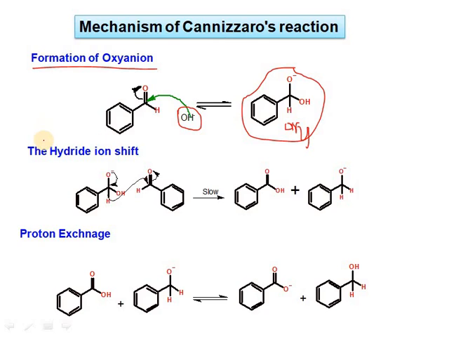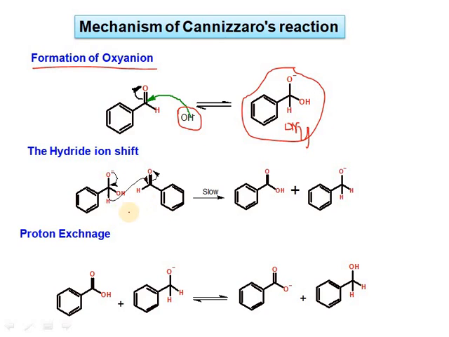In the second step, what happens? Hydride ion shift. The hydride ion from the oxyanion can transfer intermolecularly to the carbonyl carbon of a second molecule of aromatic aldehyde having no alpha hydrogen atom, right?